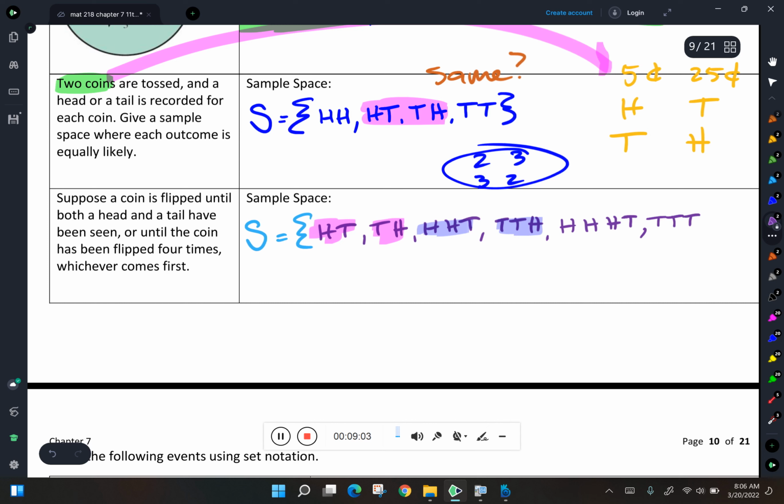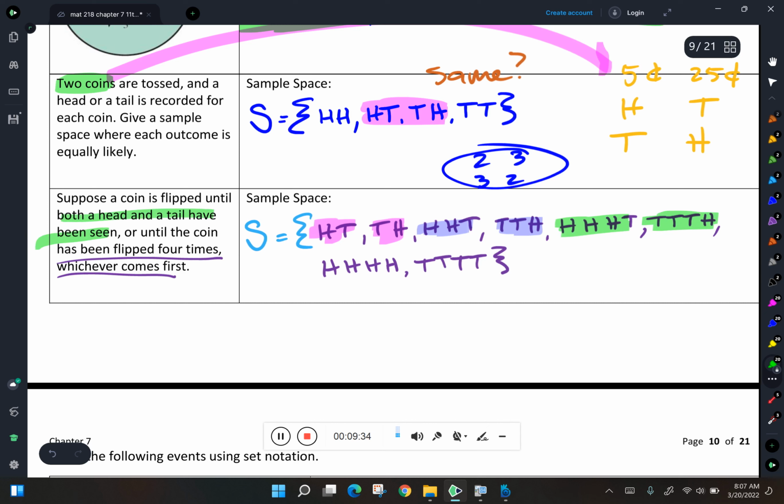Tail, tail, tail, head. That would end the experiment. But also head, head, head, head would end the experiment, because whichever comes first. I'd have 4 flips and never saw both. Or I could have tail, tail, tail, tail. And these would be the ways that the experiment would end with 4 flips, and we have seen both a head and a tail. And then these two would be the ways that the experiment would end by just having 4 flips.